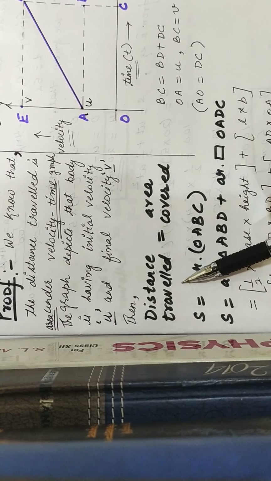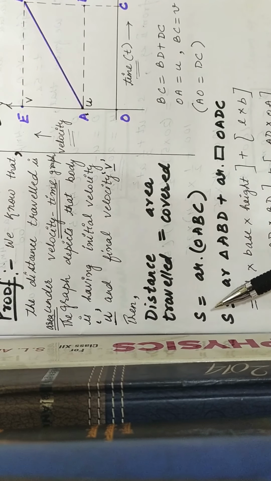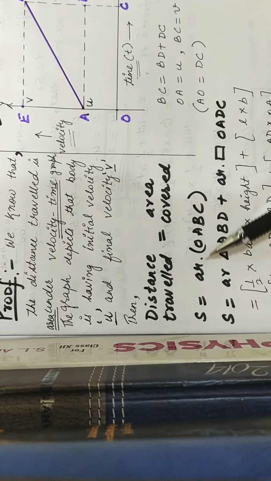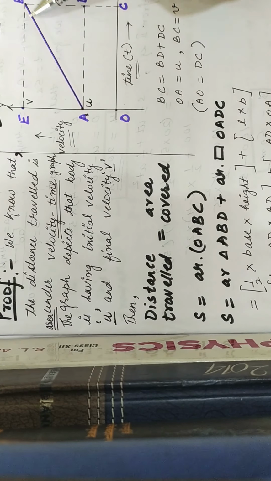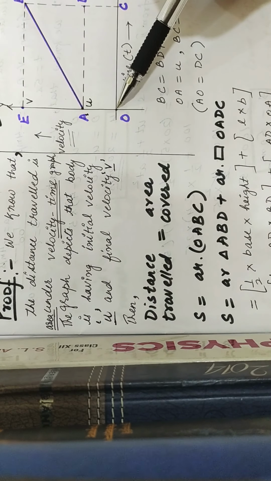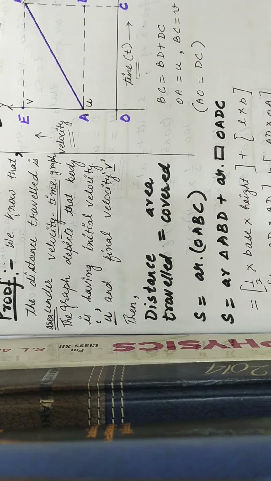Distance traveled will be the area of OABC, since the body is moving from A to B.